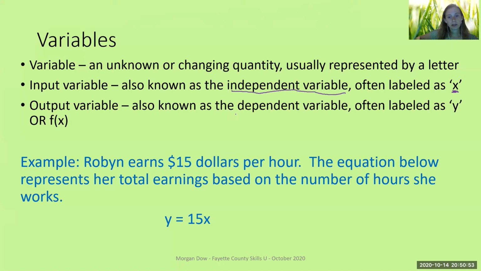And then your output variable is also sometimes known as the dependent variable, and it's often labeled as y, again, just for traditional reasons, or f of x. F of x is just shorthand for a function of x.